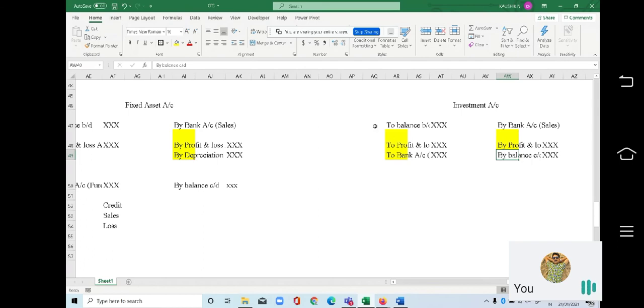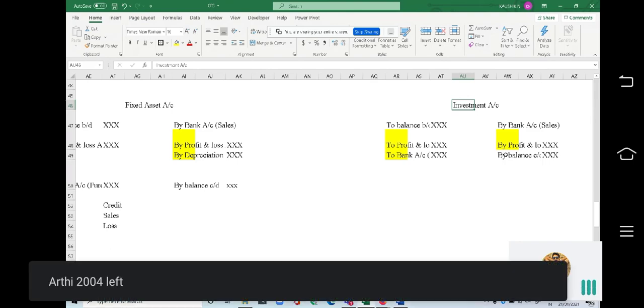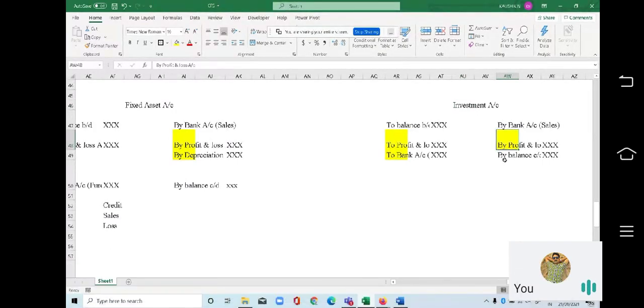Suppose they have also given you the loss on sale of investment, then the loss value is given. After giving these two, if you are getting some balancing figure, then obviously the question has not given you the sale value, so that balancing figure can only be your sale proceeds. Okay, some questions they can give like that.